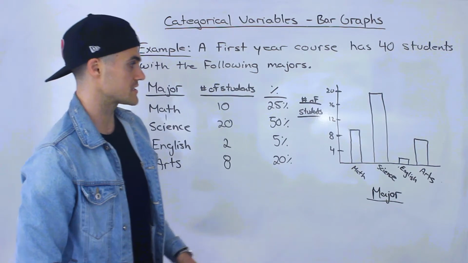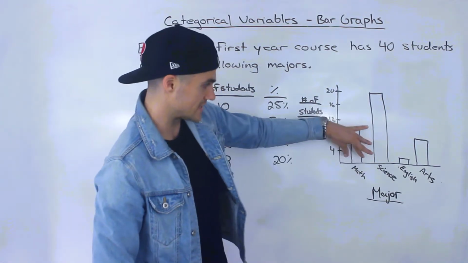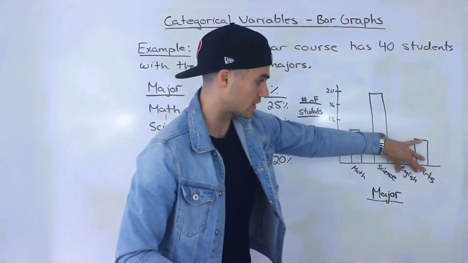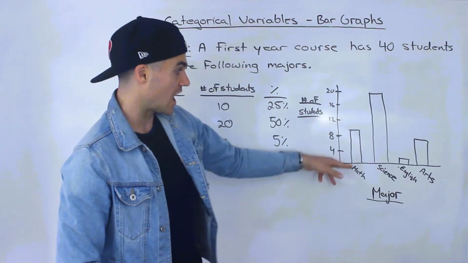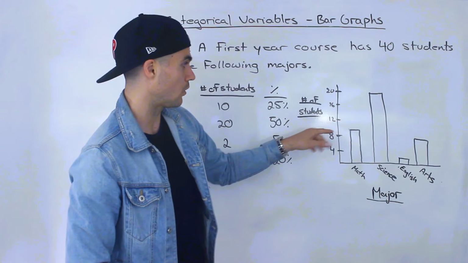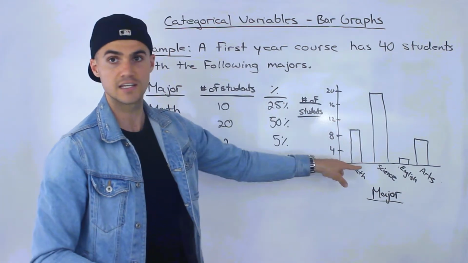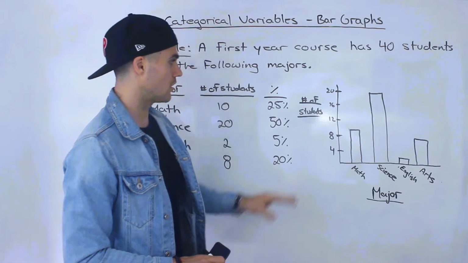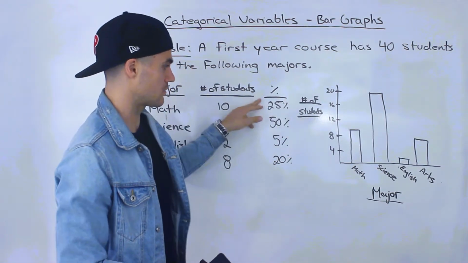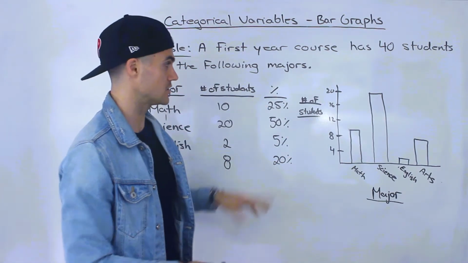Okay, so notice that each bar is separated for each category, each categorical variable that you're looking at. And then the height of the bar, you can tell what is the number of students in each of those majors.